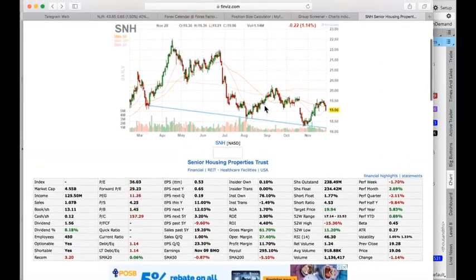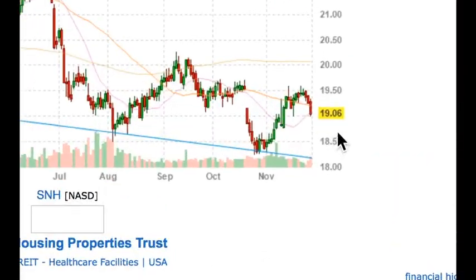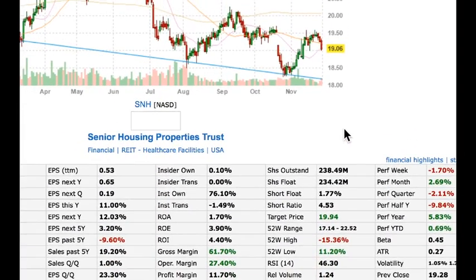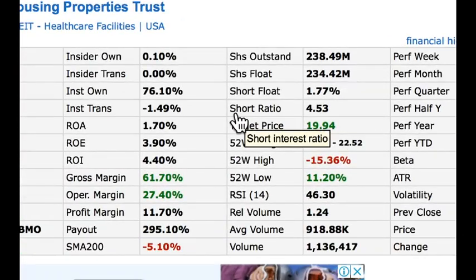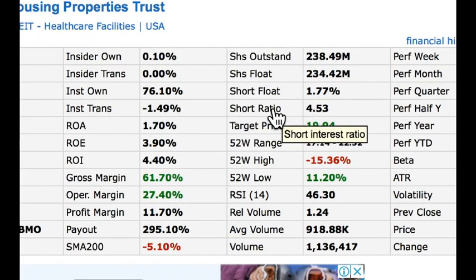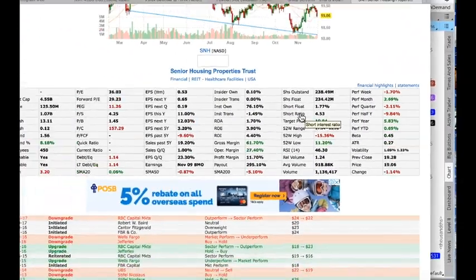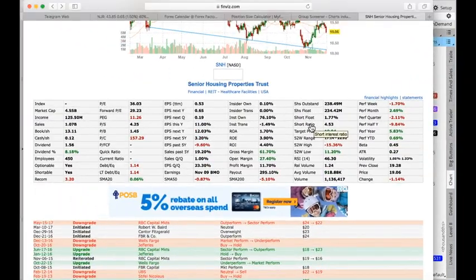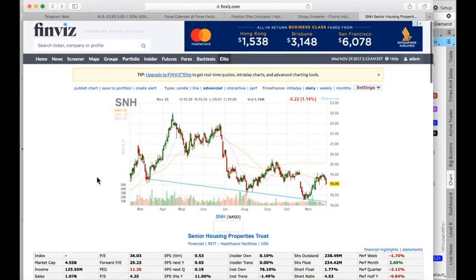And the stock price is selling at $19. So it's above $10. So it's okay, right? You can see the short ratio I was talking about. There's a short ratio. It's 4.53, right? Which is below 8, right? So ideally, we want to short stocks with a short ratio of 8 and below, and not above 8 ideally. Okay, so there we go. So that's how we select the low momentum stocks to go short on.